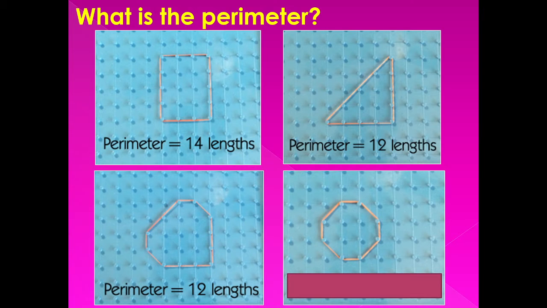Okay? Then you can present irregular or regular polygon, as your classmates said. Okay? So, what is the perimeter of this polygon over here?